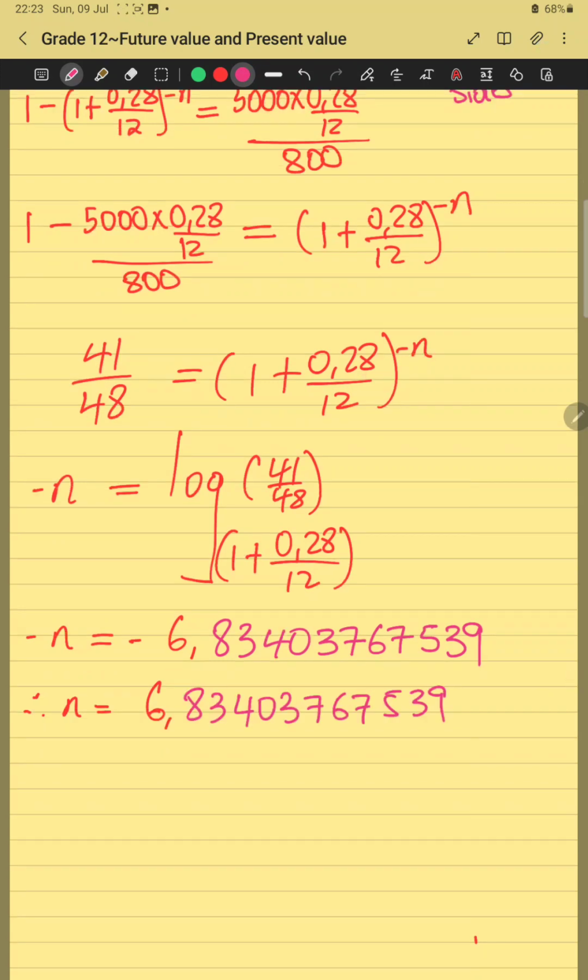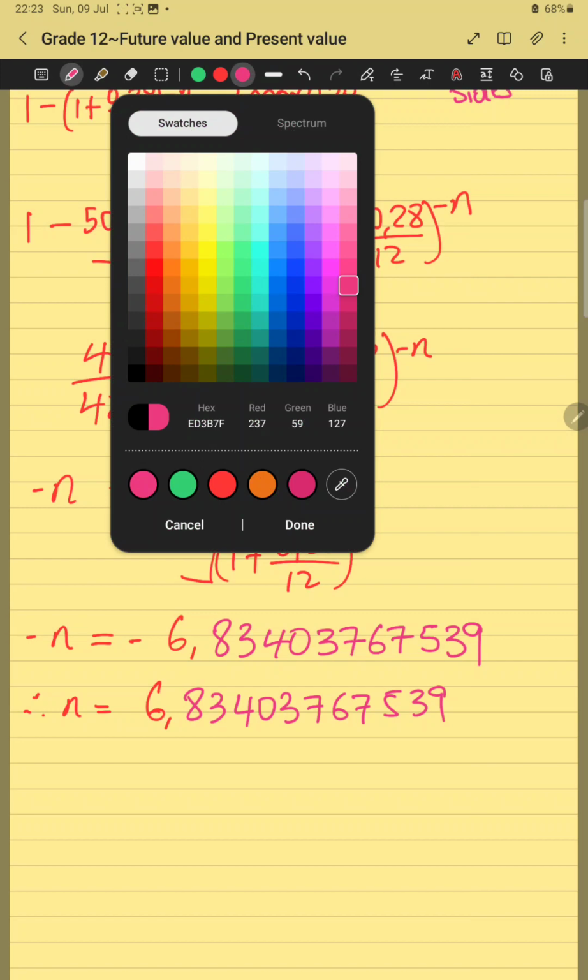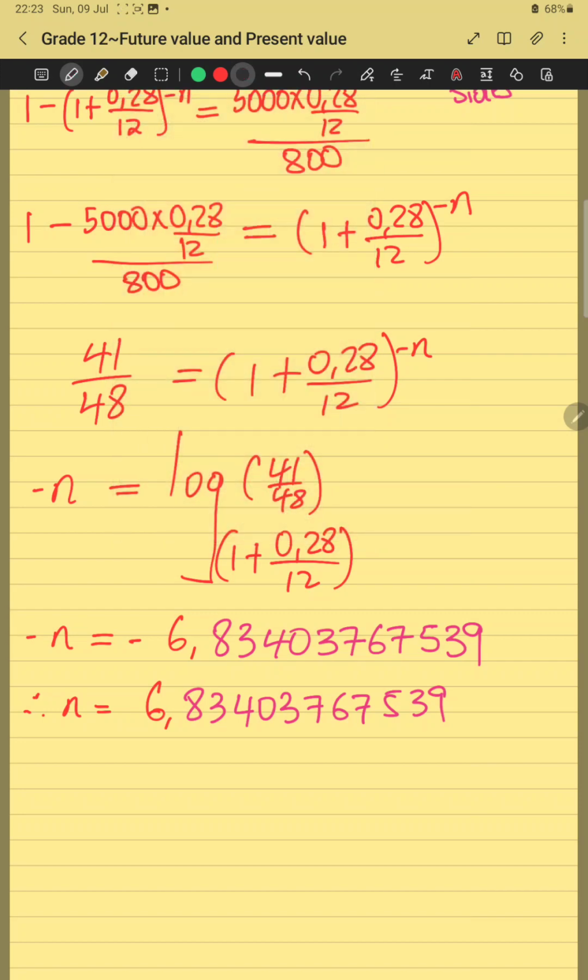Meaning that I want you to note this, and this is very, very important. Let me just use another color, maybe the gray one. Do not round off this, as you need this decimal for the next question. I want to write that one down for you.